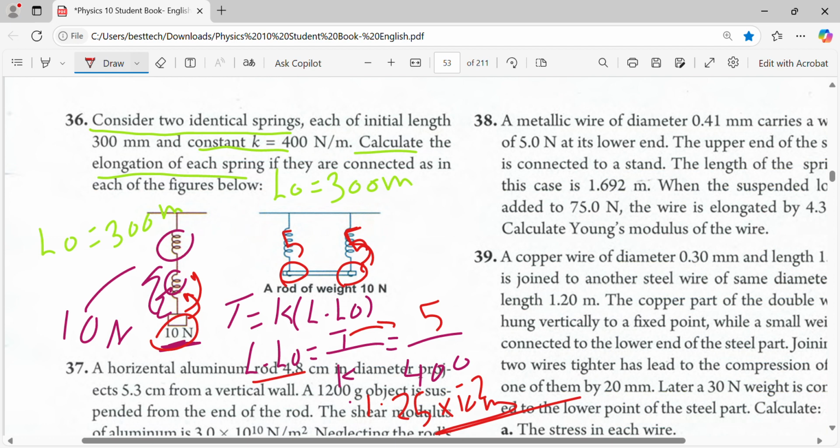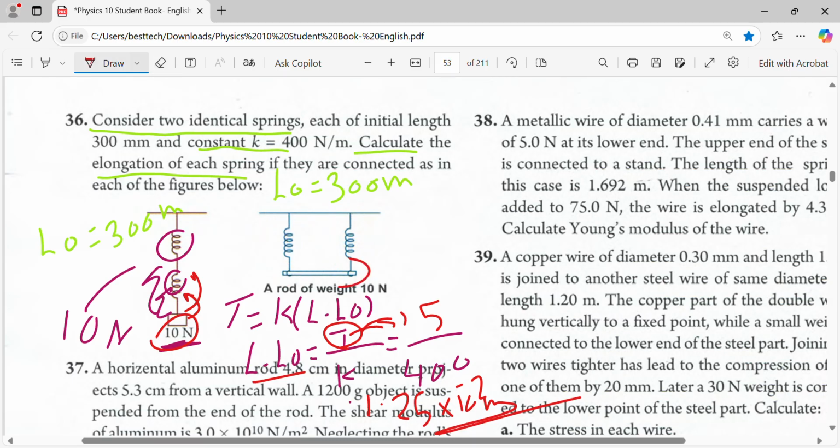So instead of each tension, instead of each T, write 5, because this T is the tension of the spring. So this T here is 5, and this one here is 5 too. Because on each side, as I told you, the spring is suspended by this side.